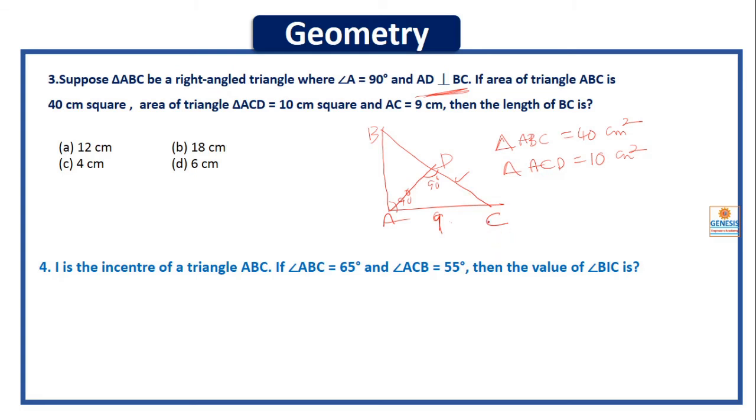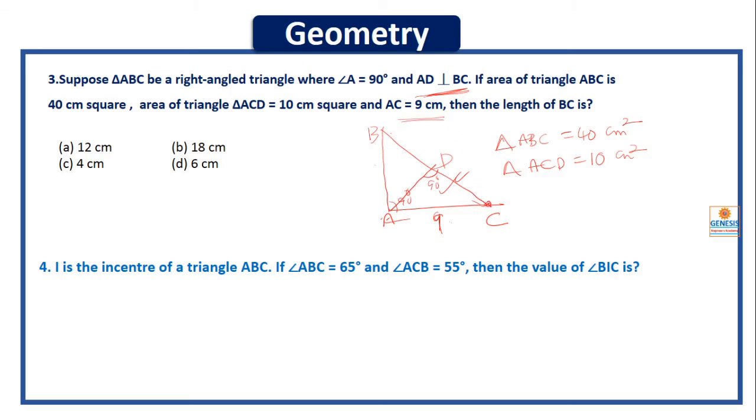So, you got my point, angle CDA is a right angle triangle. Angle CAB is also a right angle triangle, like that. So you can use the relation using this AC.